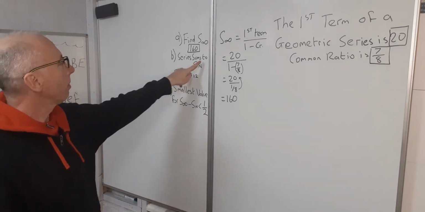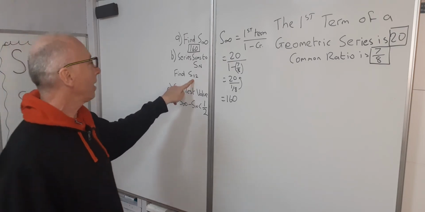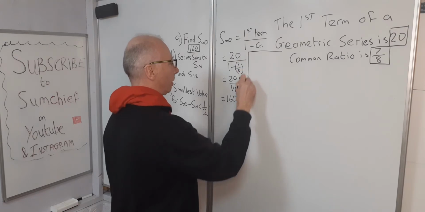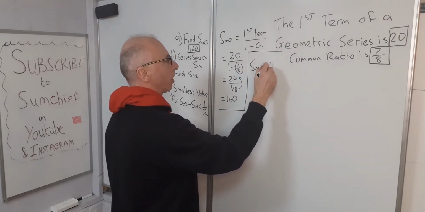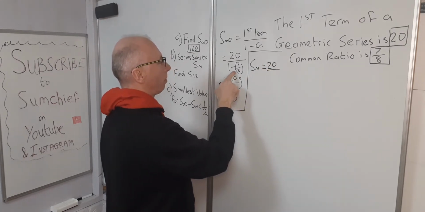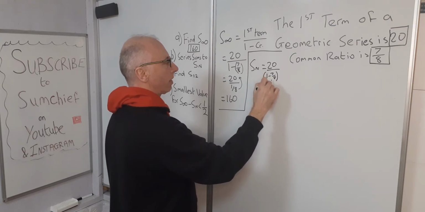Now we find that the series sums to Sn, and then find the 12th. So the Sn is found this way. Sn equals 20 divided by 1 minus 7/8. So that stays.